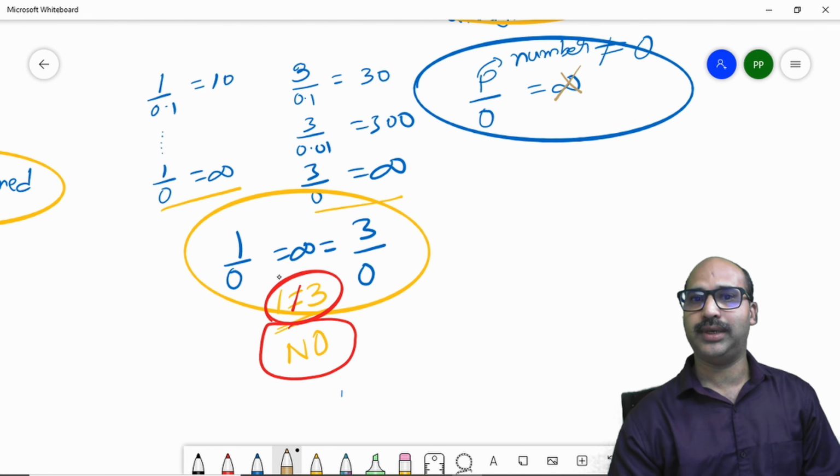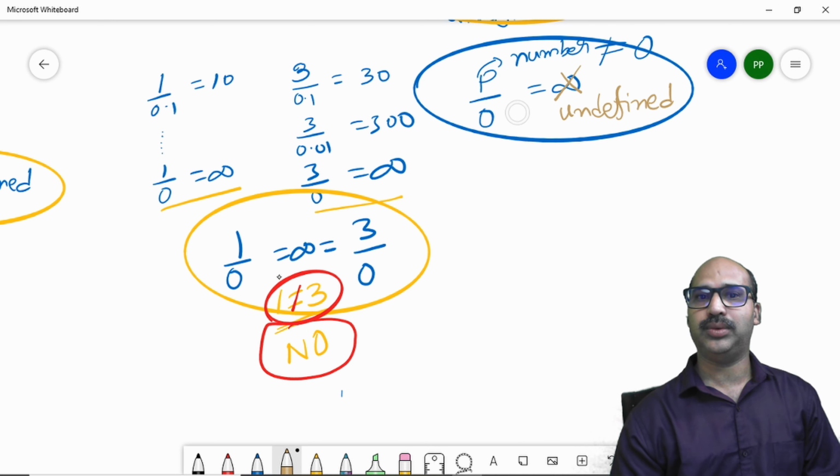Instead of infinite, what we have to say is undefined. 0 by 0 is a special case, when the numerator is also equal to 0.